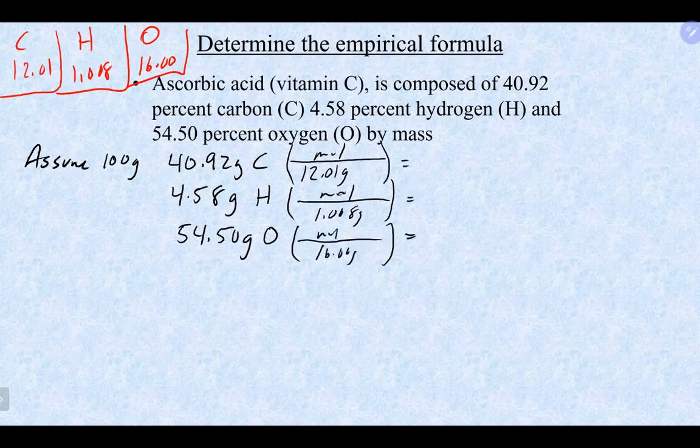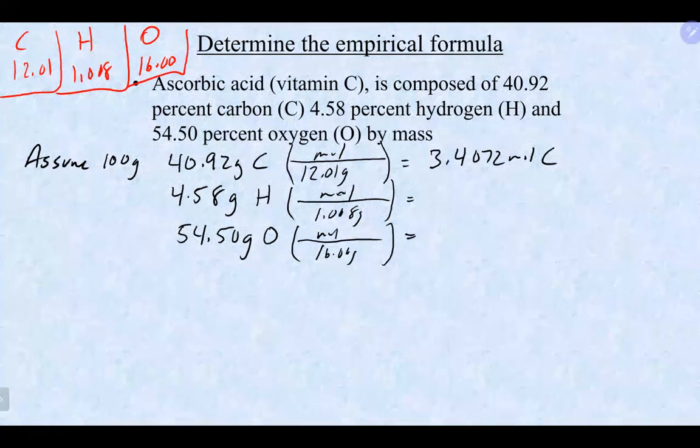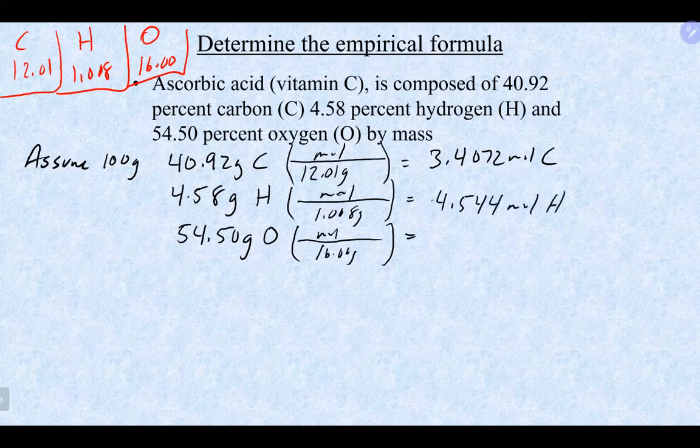That is going to get us, for carbon, 40.92 divided by 12.01, which gives 3.407 moles of carbon. For hydrogen, 4.58 divided by 1.008 gets us 4.544 moles of hydrogen. And lastly, 54.5 divided by 16 will get us 3.406 moles of oxygen.